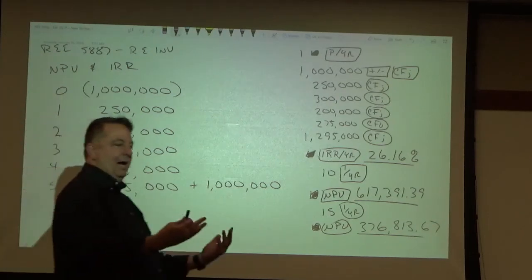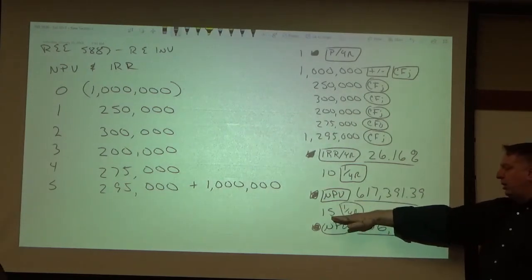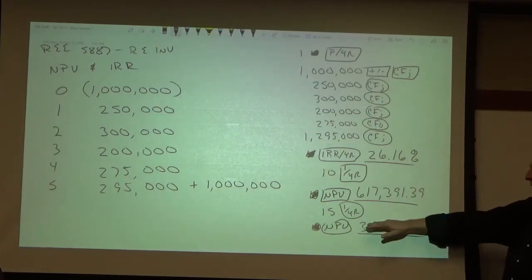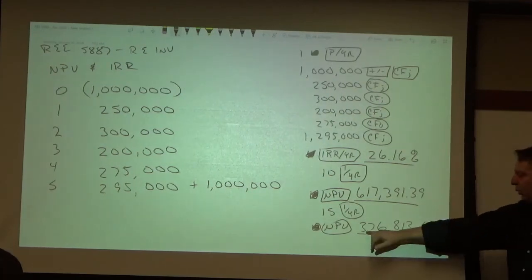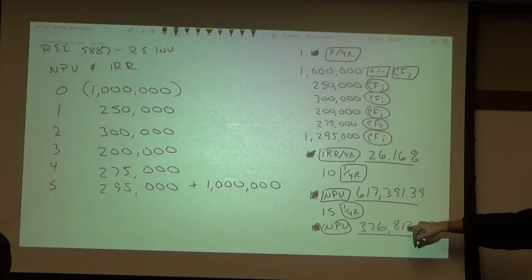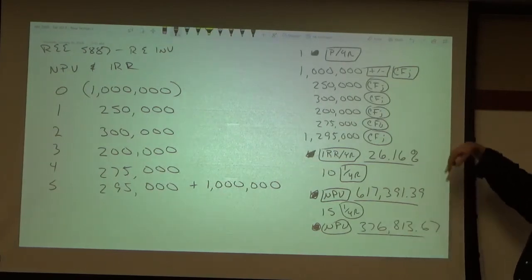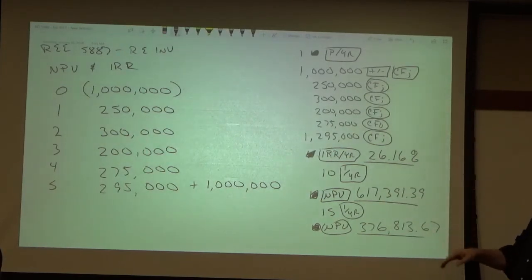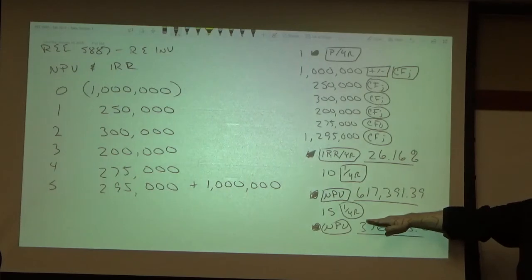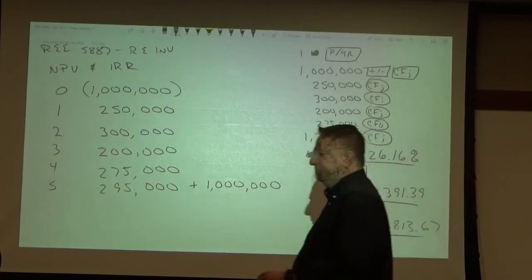By having that higher benchmark, we're still getting our 15% rate of return, but we're only getting about $376,000 worth of profit, meaning with that hurdle rate we could have paid an additional $376,000 up front and met that 15% hurdle rate. Everybody still with me?